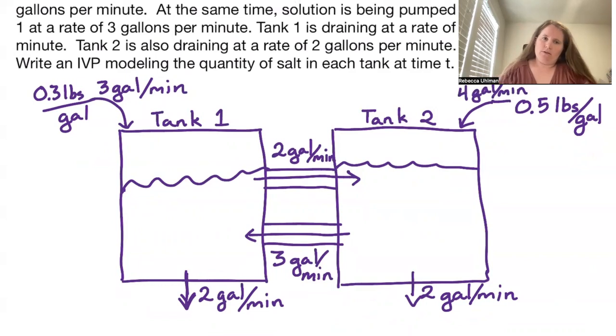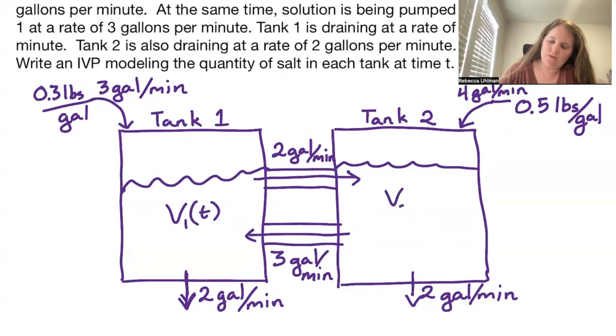So we'll call the volume in tank 1 V1, and it'll depend on time. Volume in tank 2 will be V2, depending on time.